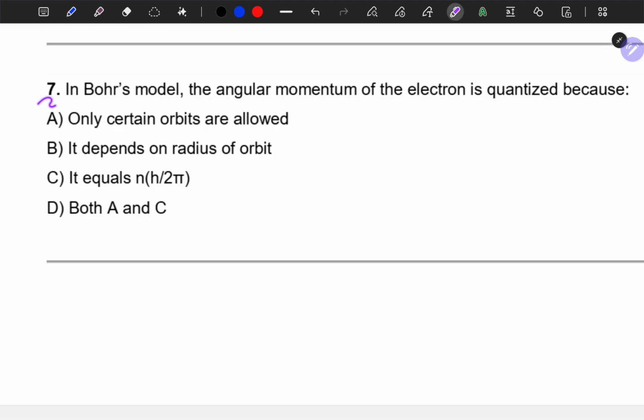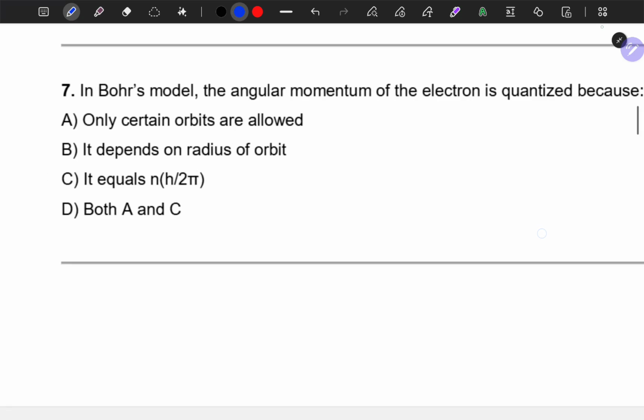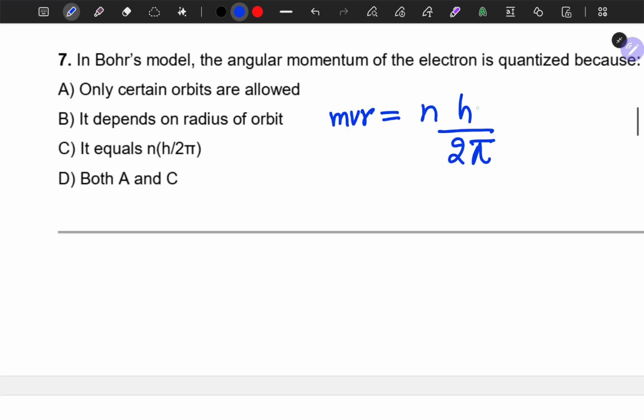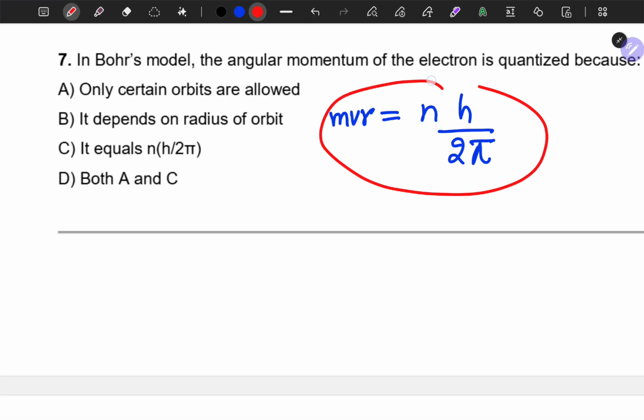The next question is: in Bohr's model, the angular momentum of the electron is quantized because only certain orbits are allowed, it depends on radius of atom, it equals nh by 2 pi, or both A and C. So first of all, it equals nh over 2 pi. Basically, this is the mathematical expression we have for the angular momentum, which is nh by 2 pi.